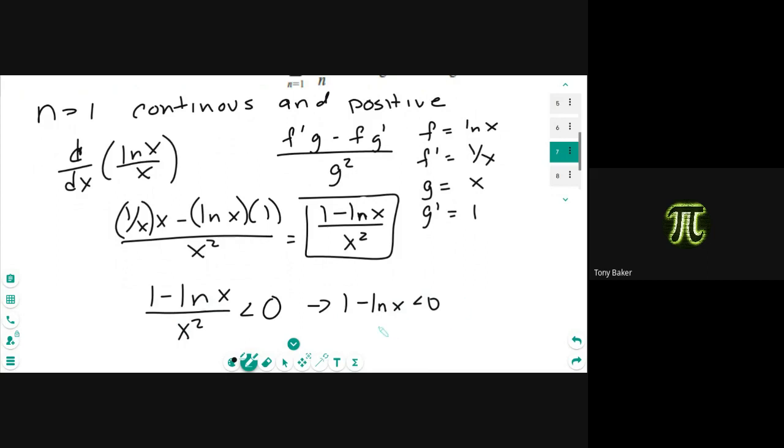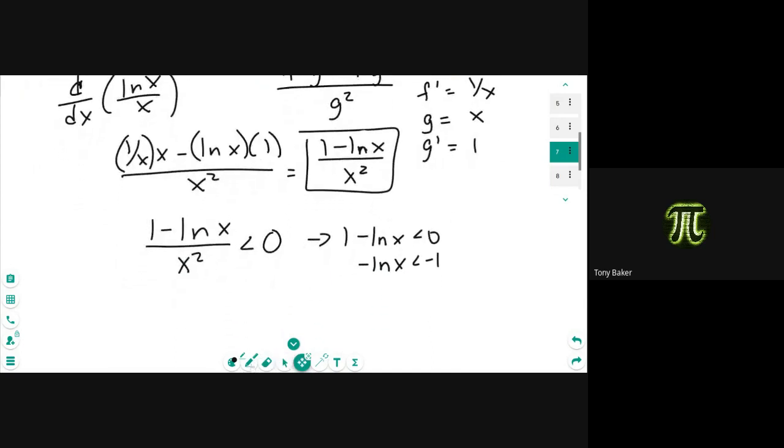So I have negative ln of x is less than negative 1. ln of x is greater than 1. Remember, when you divide by a negative, you switch your inequality sign. How do I get rid of the ln? e. So x is greater than e.